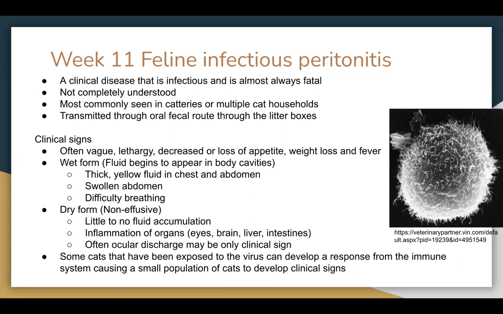Or the dry form, where there's no fluid accumulation, and the organs such as the eyes, brain, liver, and intestines are inflamed, and ocular discharge is often the only clinical sign seen. Some cats may be exposed to the virus, but can develop a response from the immune system, which causes very few cats to actually develop symptoms.